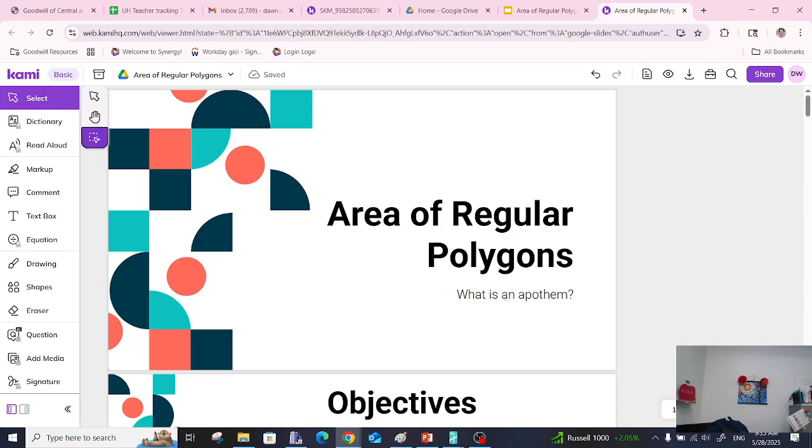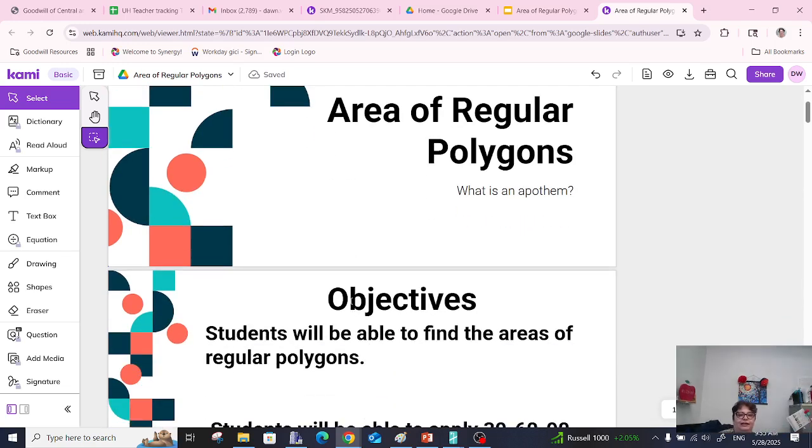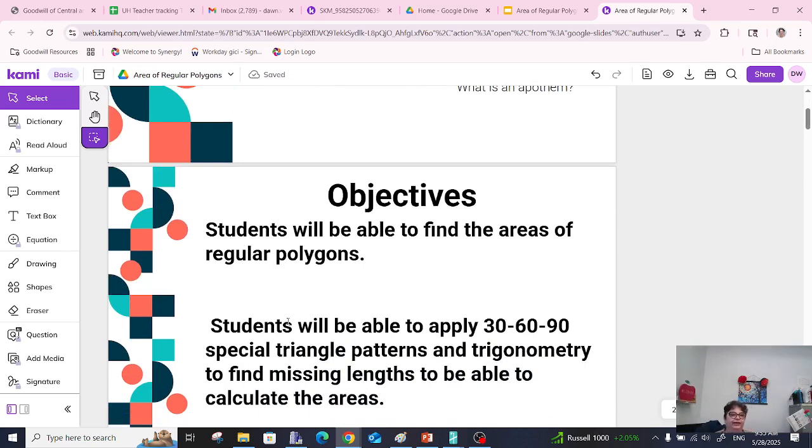So today we are going to be able to find areas of regular polygons.